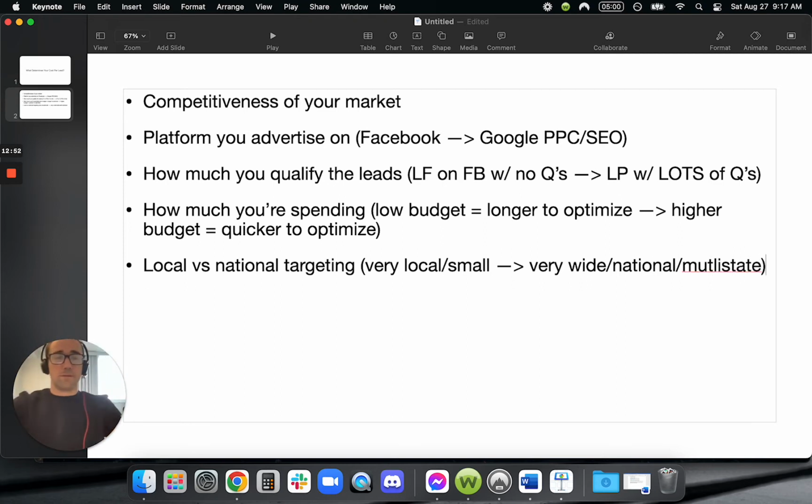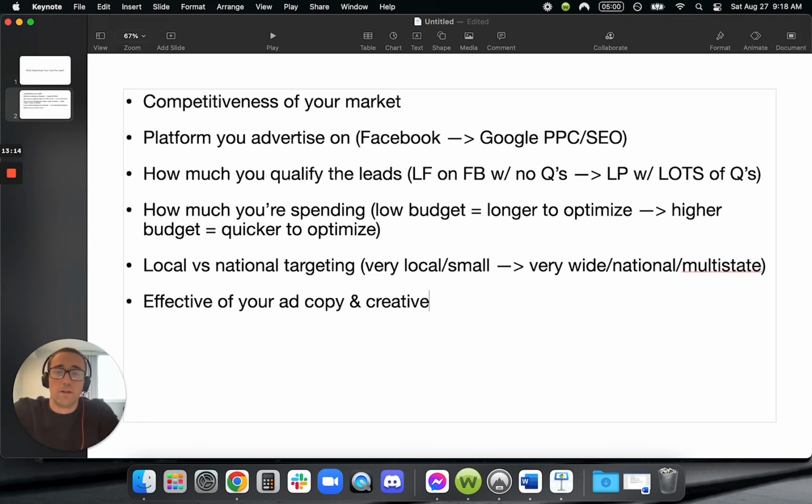The other thing to consider, now this is kind of the obvious one, is effectiveness of your ad copy and creative. So what this means is if your ads are good or not, basically. It's as simple as that.